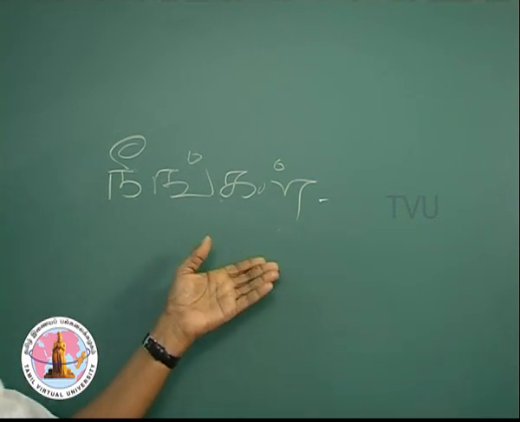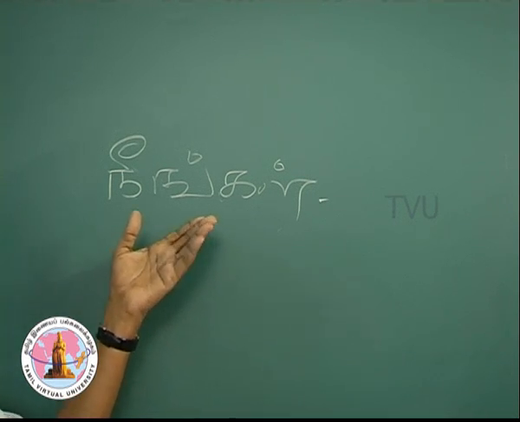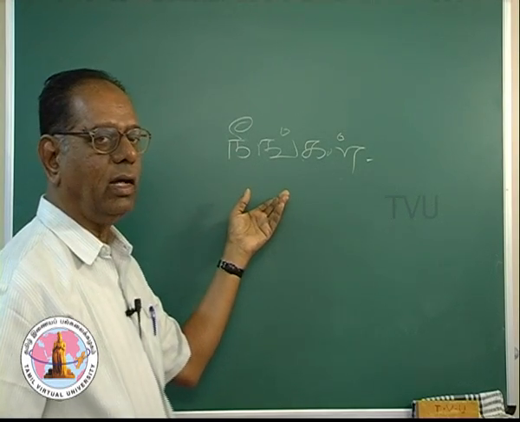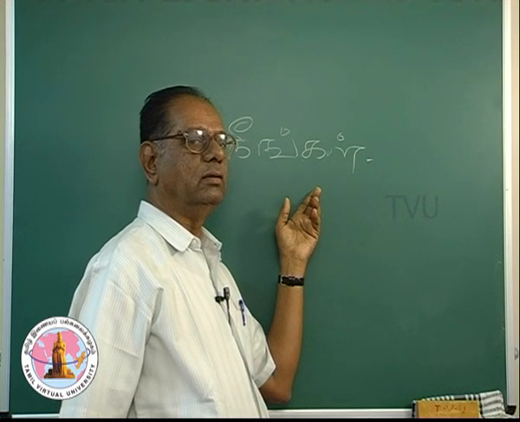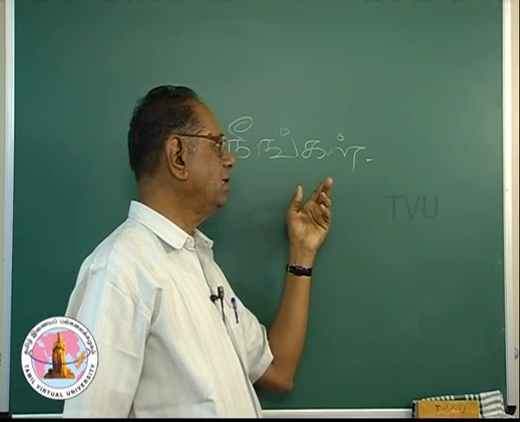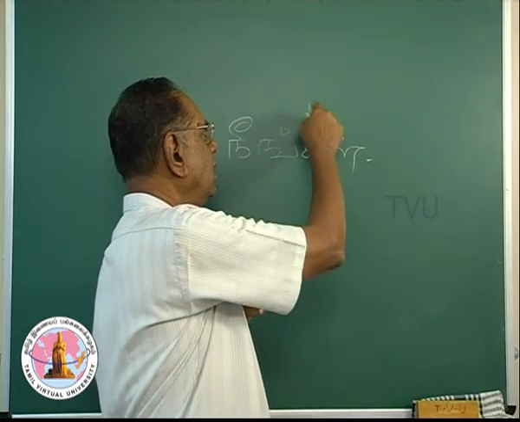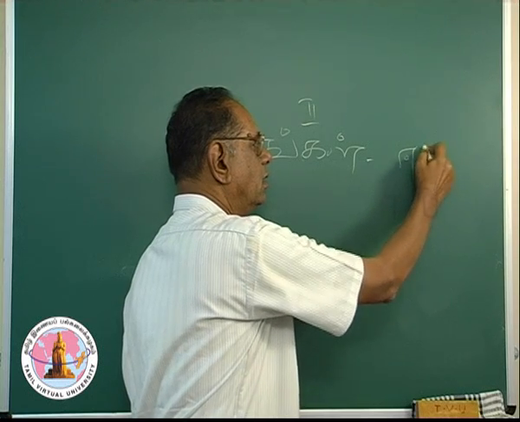the personal markers of all these. What will be the personal marker for நீங்கள்? First of all, you must remember to what number does it belong. That is, whether it is second person or first person or third person. This is second person and naturally it will be ஈர்கள்.